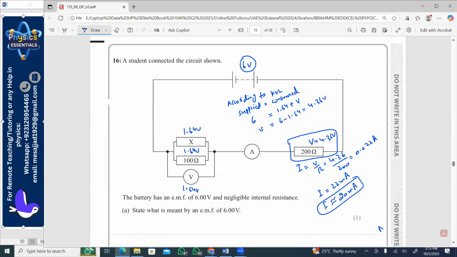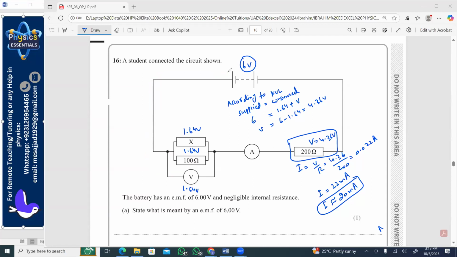Okay, so why is it 20 milliampere and why is it correct? Because if you see, the current here is coming out to be like this, I, but here it is divided into two. Let me draw that again.